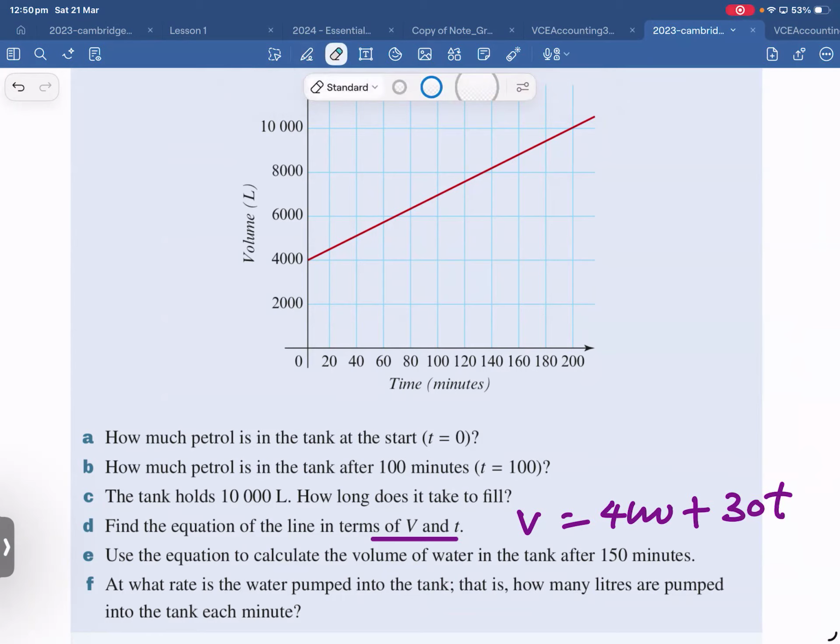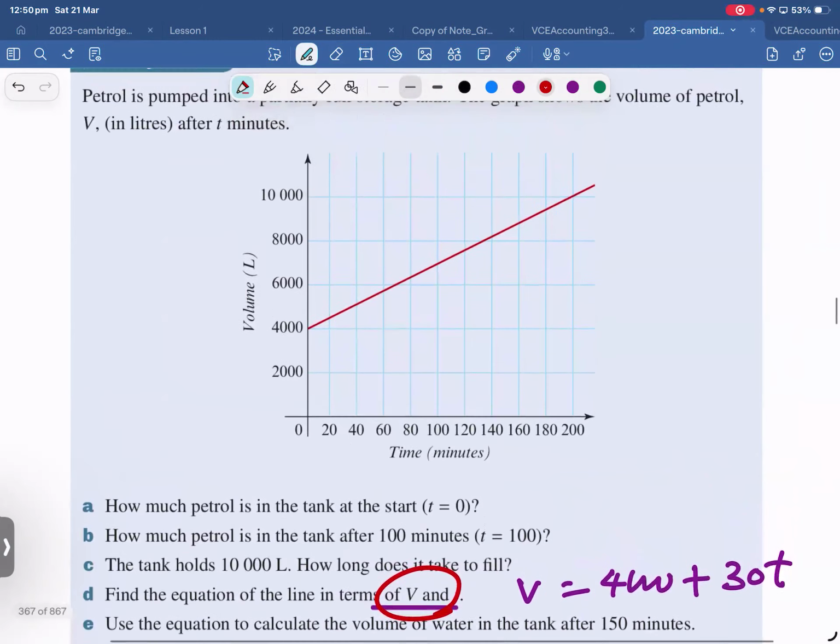Because they're asking you to write in terms of V and T. Right. Then E.